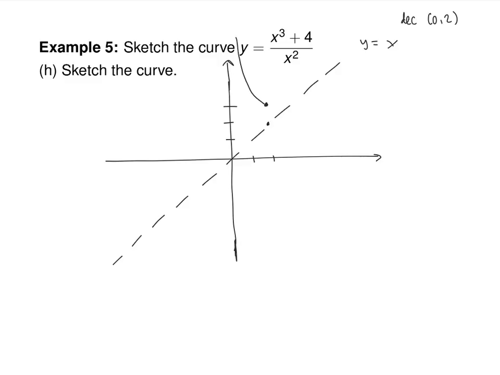And I believe the function was increasing from 2 to infinity, and still concave up? So it'll look like this, and then it'll approach that asymptote. If you were to graph this on a calculator or computer and zoom way out, it's going to appear very line-like as you go to infinity.